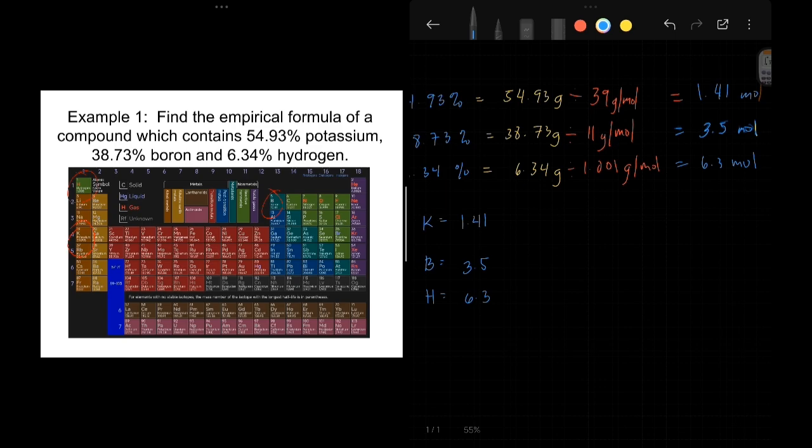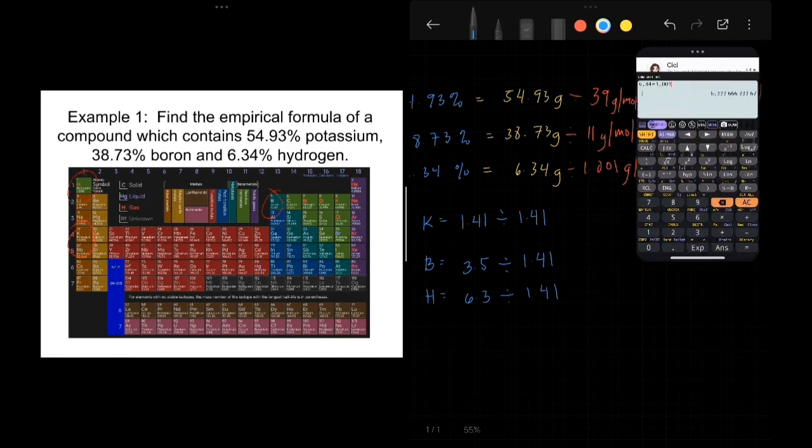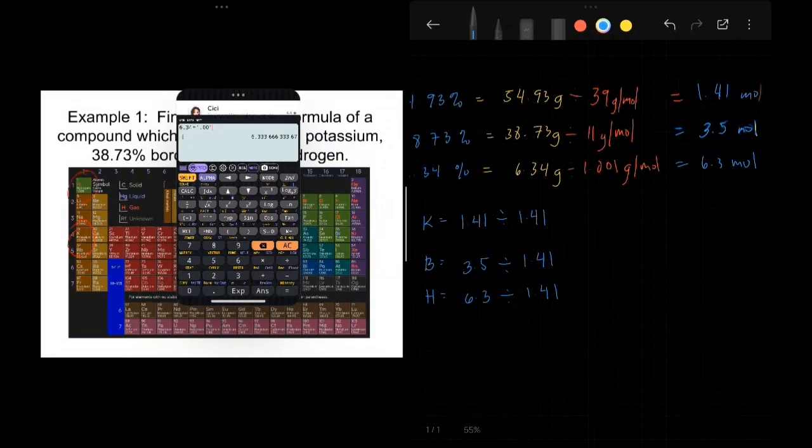So, again, we can just simply divide. So 1.41 divided by 1.41, 3.5 divided by 1.41, and then 6.3 divided by 1.41. So let's calculate this. 1.41 divided by 1.41, that will be 1.